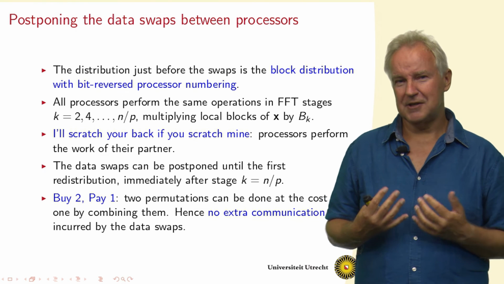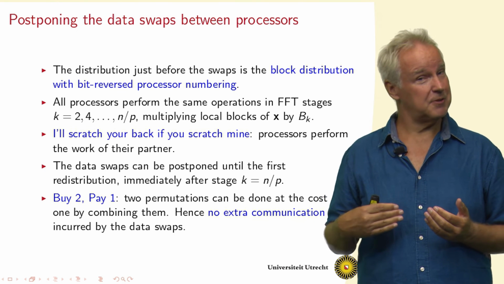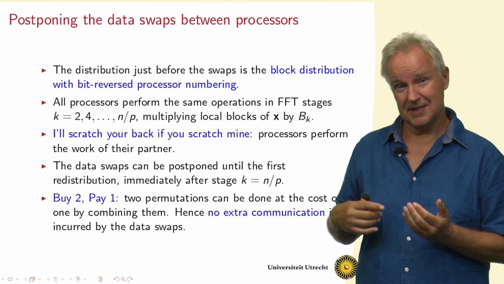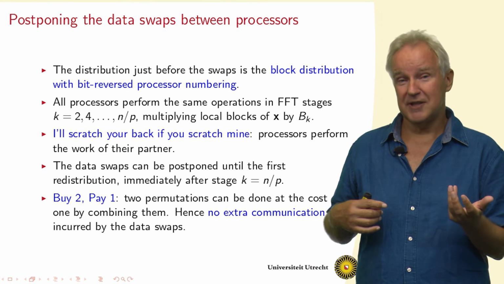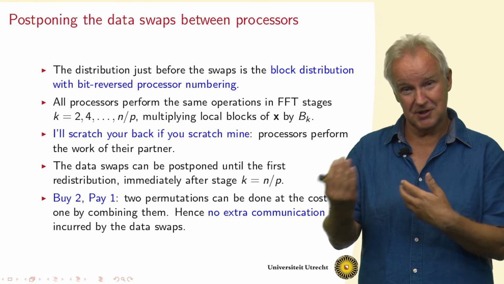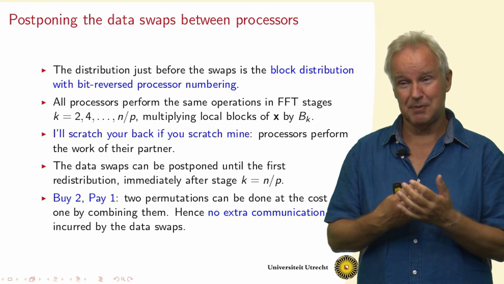So that would be our aim. We do a redistribution within the butterflies going from block to cyclic. And within the bit reversal, we also perform a permutation. We swap the data between the processor and its partner.